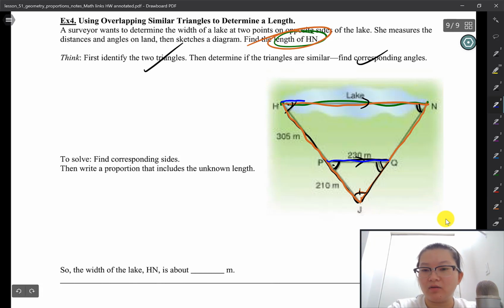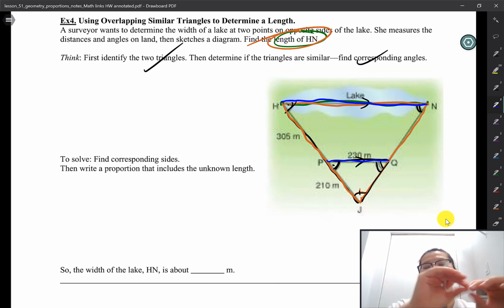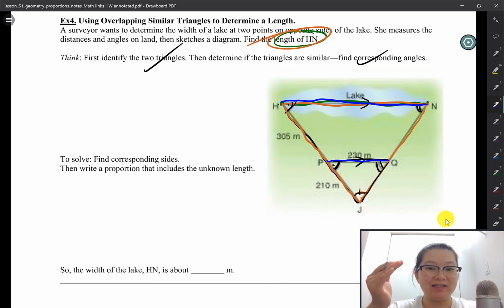So these two are corresponding lengths. We know the length corresponding to the smaller triangle. So we need the scale factor in order to find the entire length of the lake. To find the scale factor, we need to use another pair of corresponding sides on the two triangles.